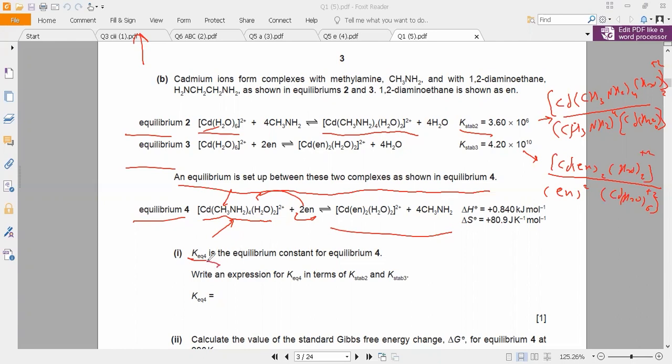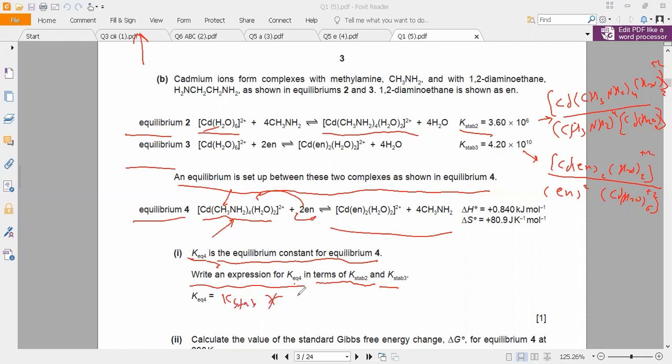Okay, so the K equilibrium 4 is the equilibrium constant for equilibrium 4. Write an expression for K4 in terms of Kstab 2 and Kstab 3. So what's the question? They need the expression for K equilibrium 4 in terms of Kstab 2 and Kstab 3.